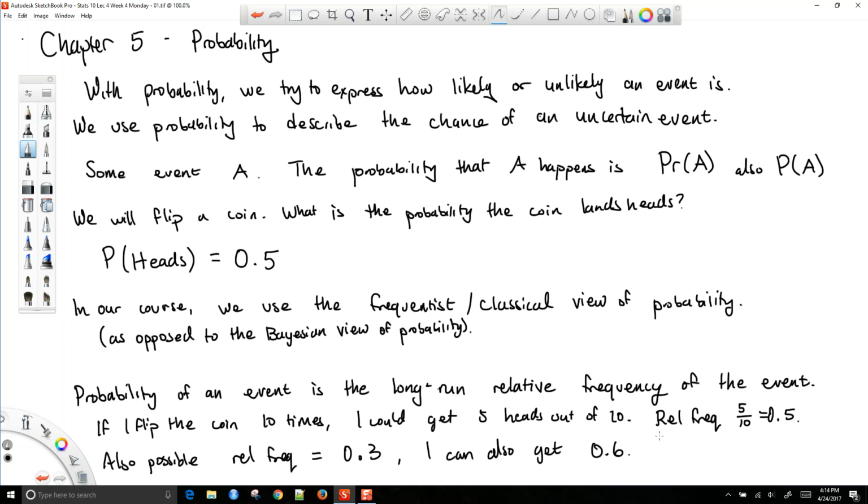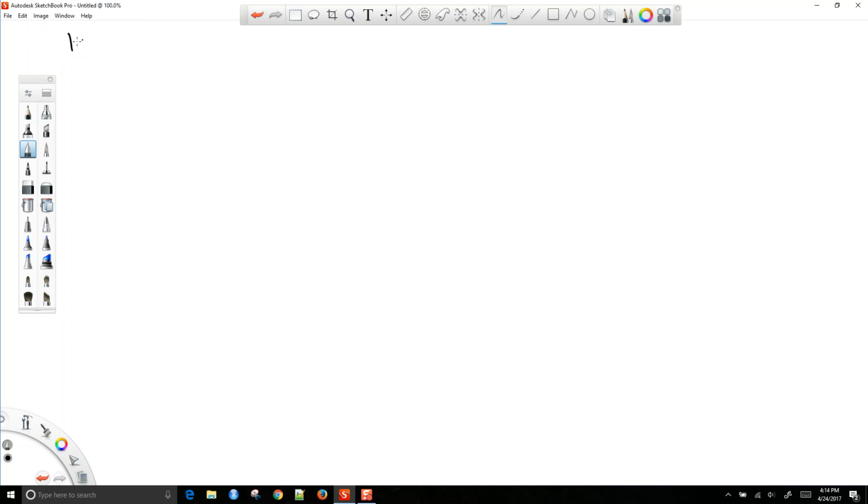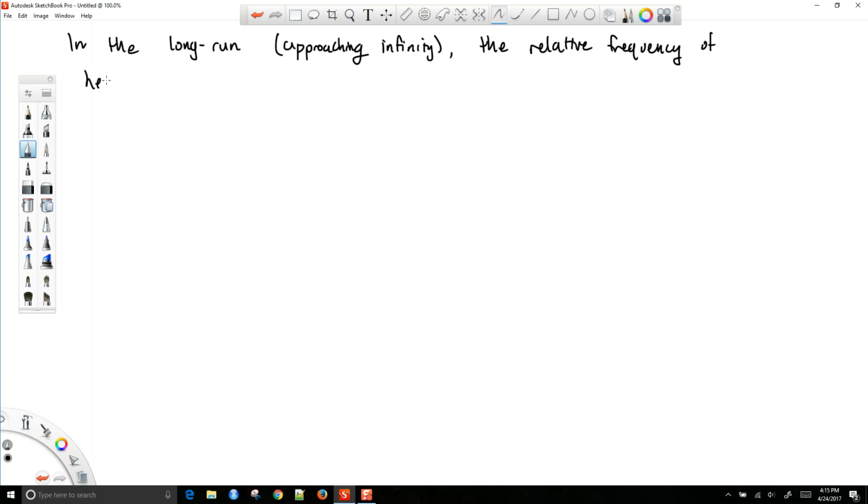The idea here, this is where the long run part comes in, is that in the long run, however, if I flip the coin millions of times, in the long run meaning approaching infinity, so not possible in real life, but in the long run, the relative frequency, heads divided by total flips, will approach 1/2.